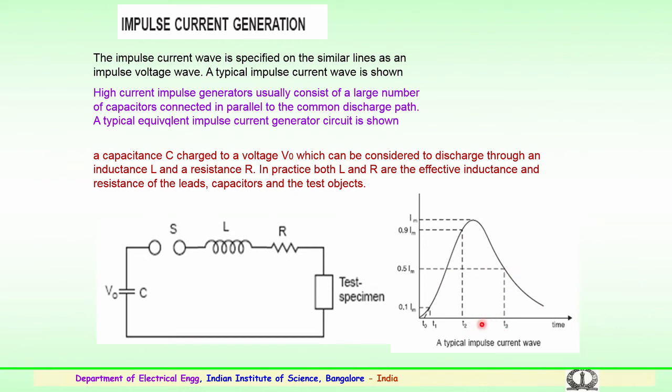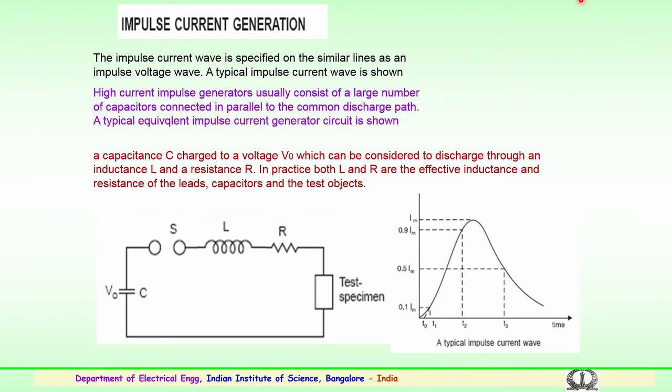So 8 by 20 is typically a lightning impulse current wave, and there are other waveforms like the high current 4 by 10, and sharp rise waveforms such as 1 by 20, used for the testing of various equipment in the high voltage laboratories.